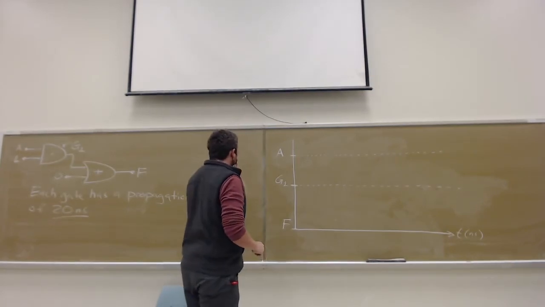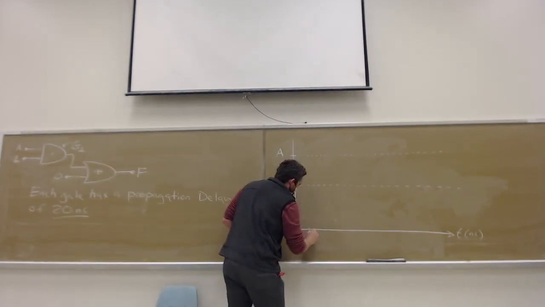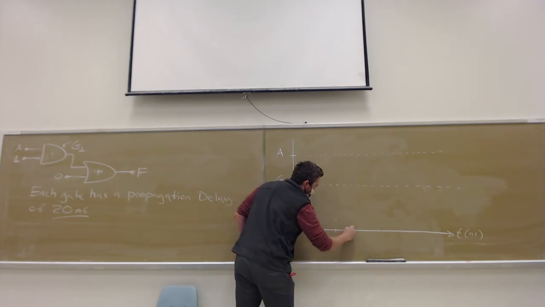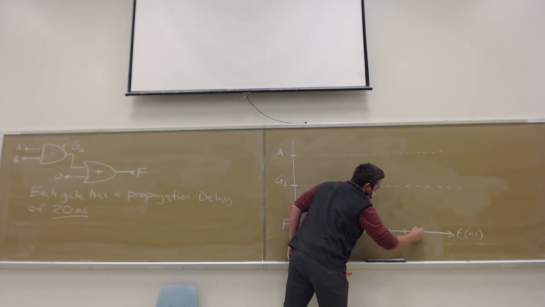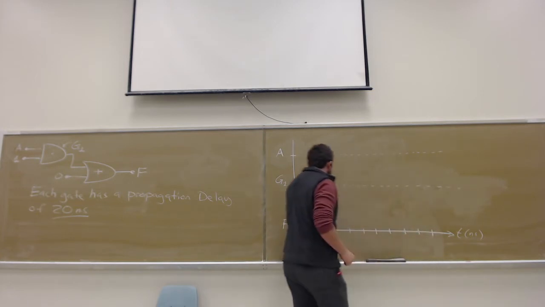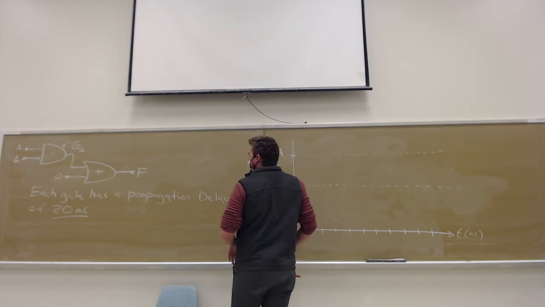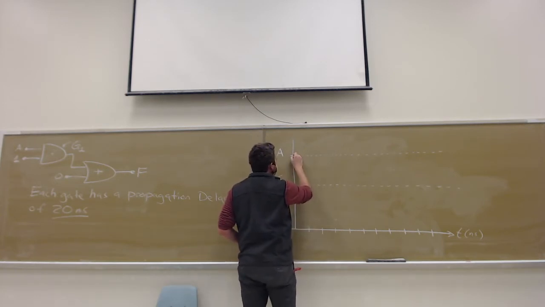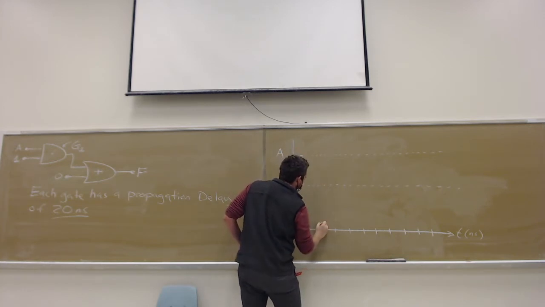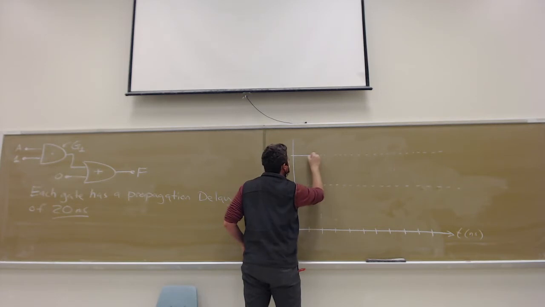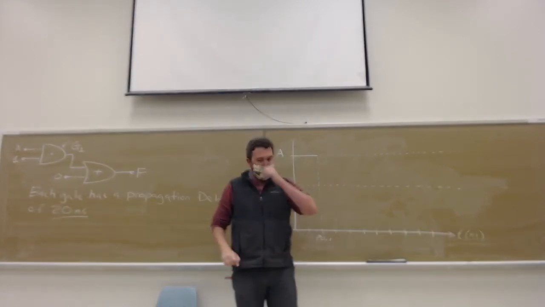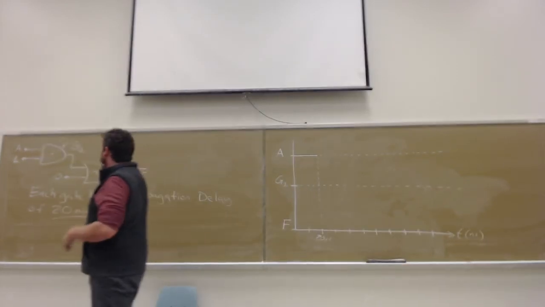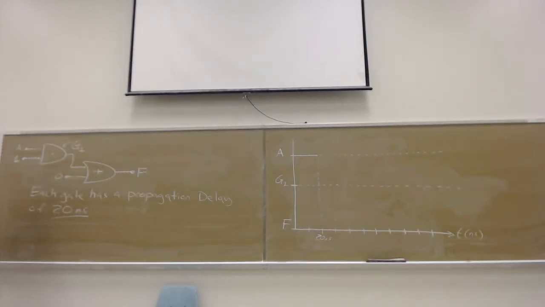Okay, so let's break everything out in 10 nanosecond steps. Let's say that life starts with A equal to 0. Everything else is set, but A is 0. For these first 20 nanoseconds, what's the output of the first gate, G1?